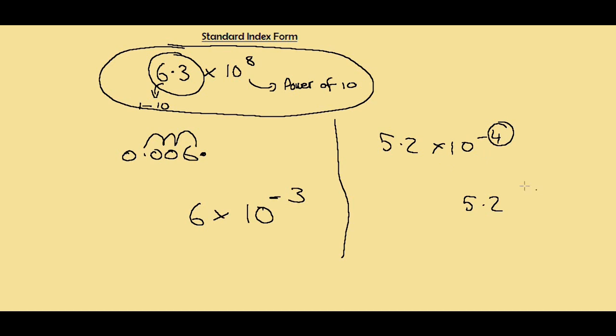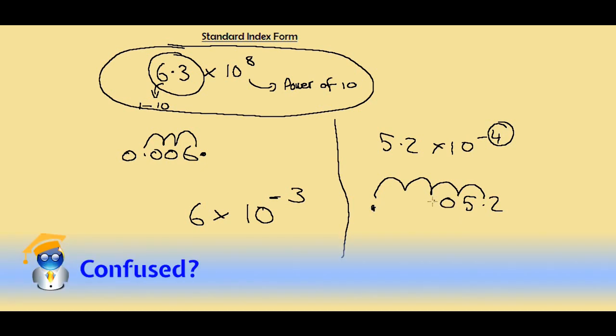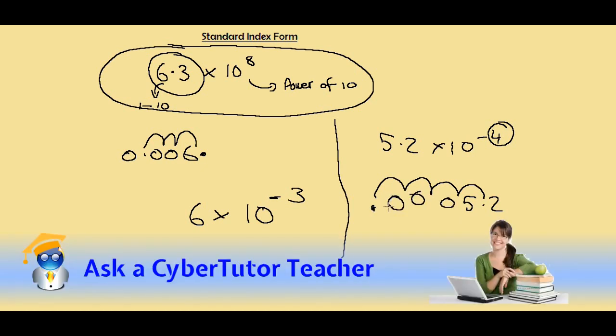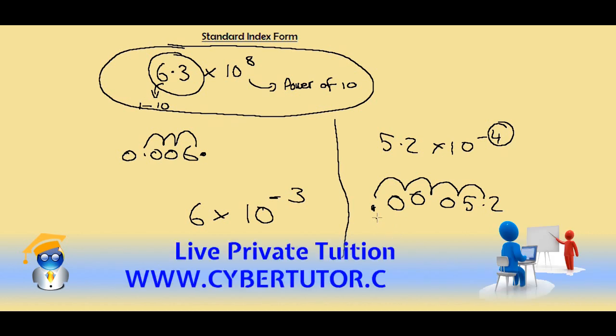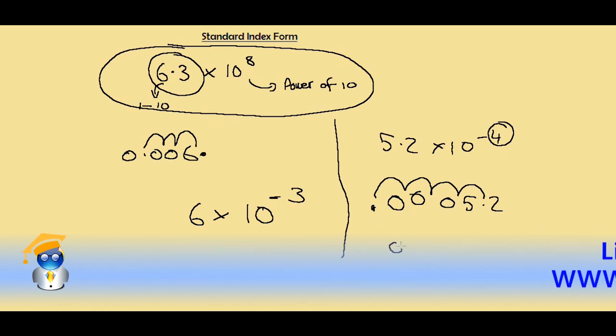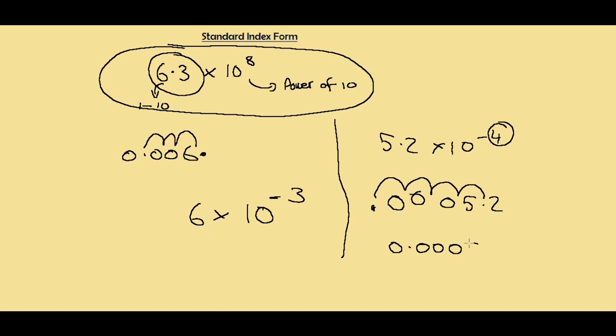But we're not moving it to the right, we're moving it to the left, i.e. where the number is getting smaller. So we're going to move it 4 times, 1, 2, 3, 4, decimal point goes here, fill in the zeros, same thing again, and then we've got 0.00052.